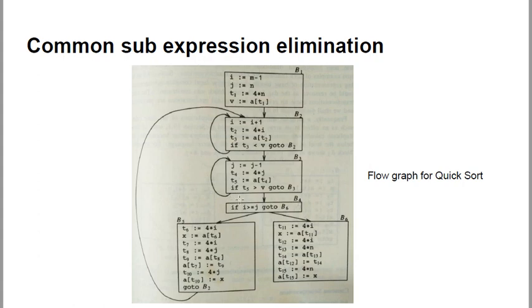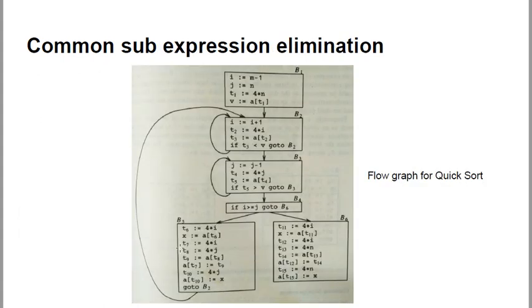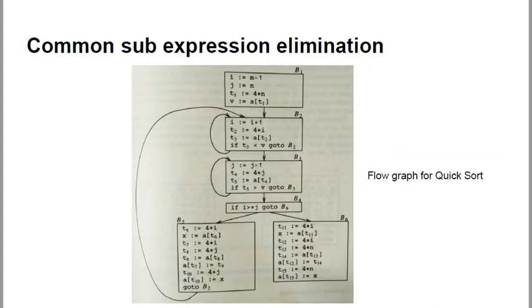This is the example of your flow graph for quicksort, which I had shown in the last lecture. You can see there are 6 basic blocks. The basic block here was this one, basic block B5. If we eliminate the common sub-expressions, see here, basic block B5 contains a common sub-expression, which is 4 into i.